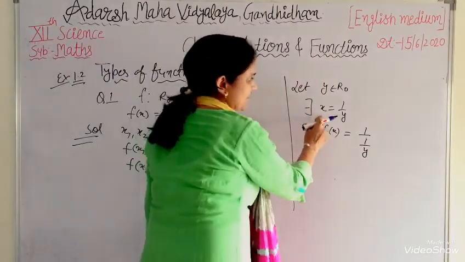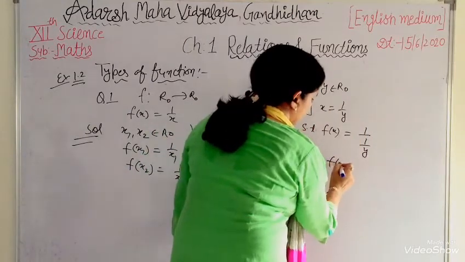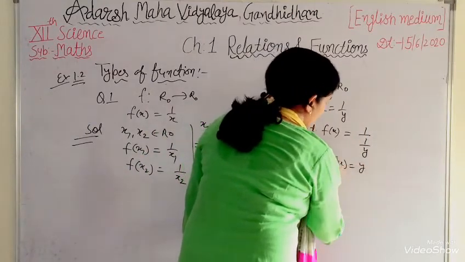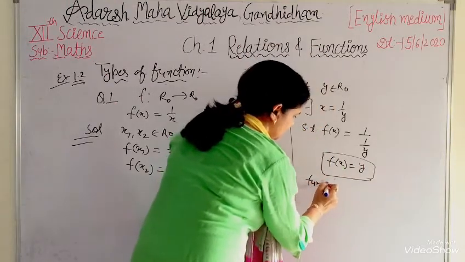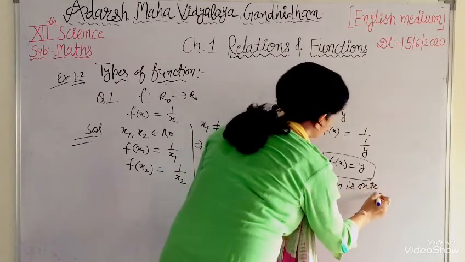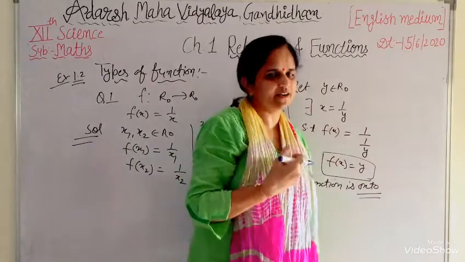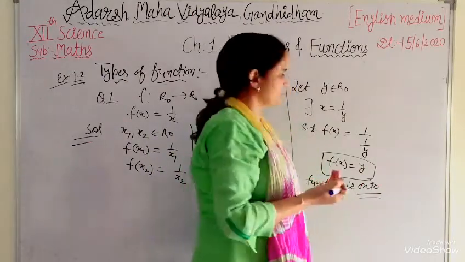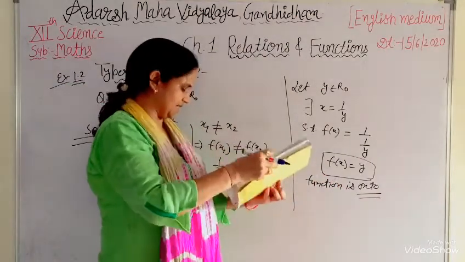Here in place of x you have to substitute 1 upon y and you will get f(x) equal to y. It means the function is onto. You can show this by taking different elements also.